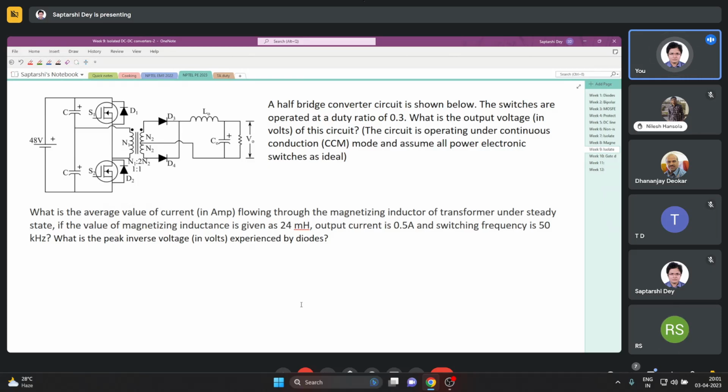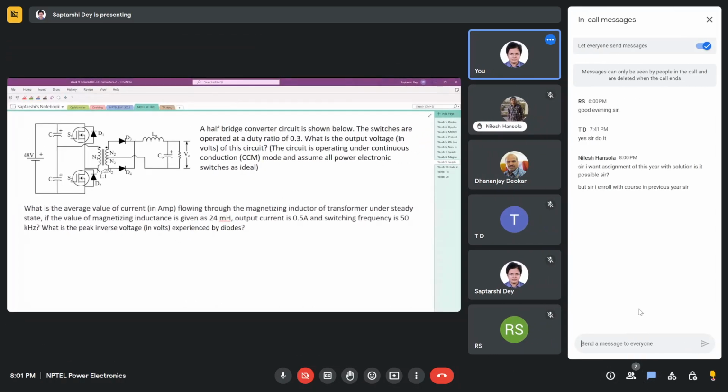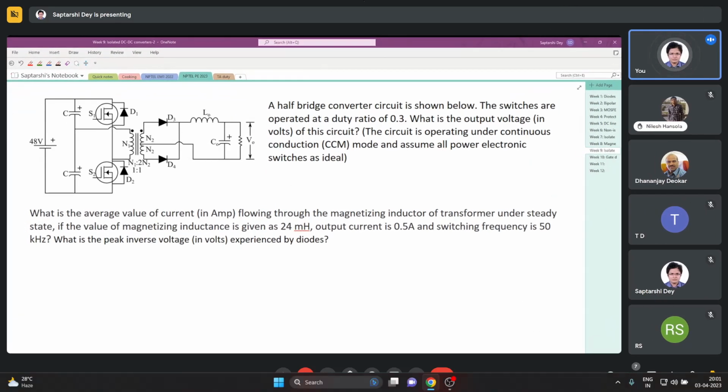Once you submit and the deadline of an assignment is over, after some time they will give it, I think. But should I enroll with courses in previous? Nilesh, I think these technical things I am not. You can directly talk to the course TAs. There must be some forum. I am not a direct course TA. I just take these classes.